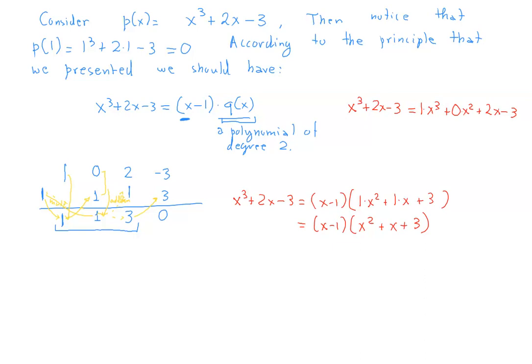So here's what I would like you to do. Pause the video and try the following one. Let's do this one. We have x to the 5th minus 32. If you call this p of x, then you can notice that p of 2 is equal to 0, which means that x to the 5th minus 32 will be x minus 2 times what?